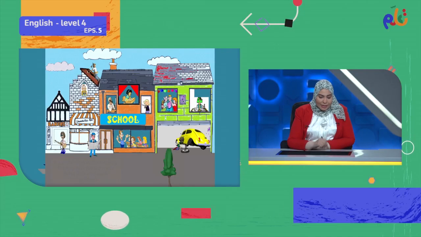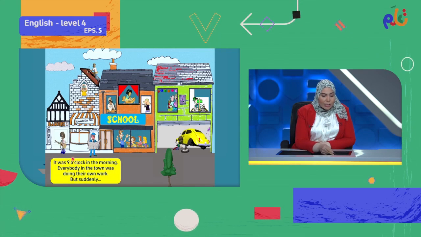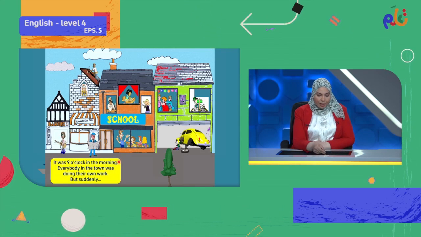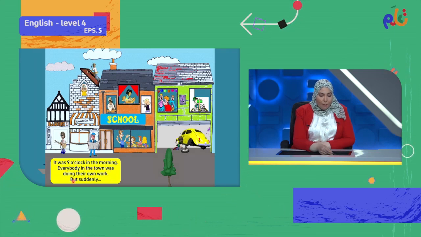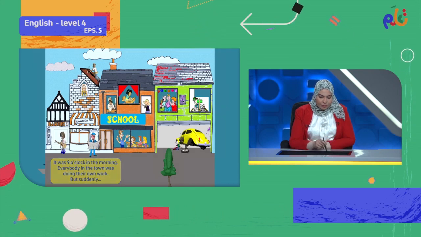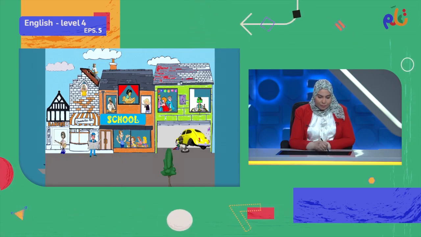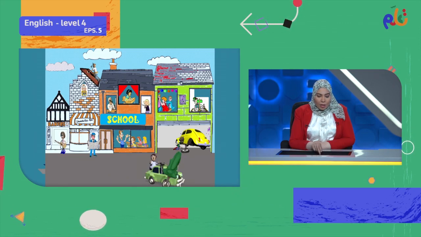So we have this here, and the story is saying it was 9 o'clock in the morning. Everybody in town was doing their work, but suddenly, pew.